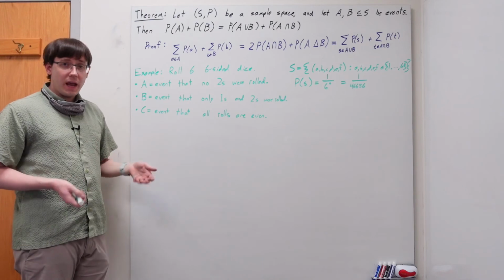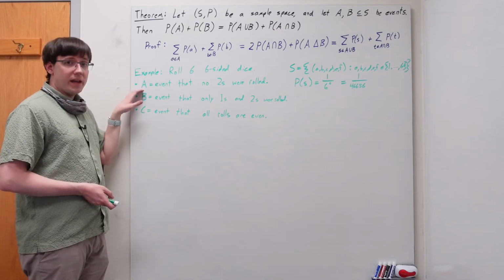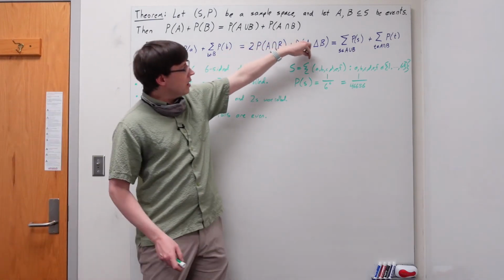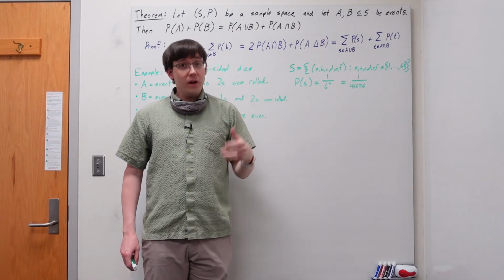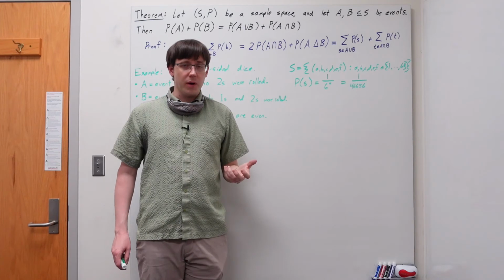So then event A includes all of the outcomes where none of the elements of the list is a 2, and we know how to solve that counting problem.